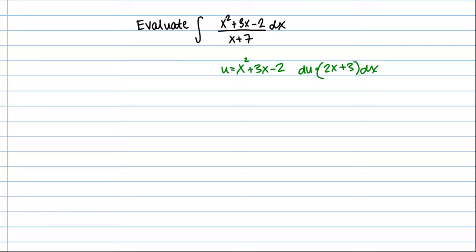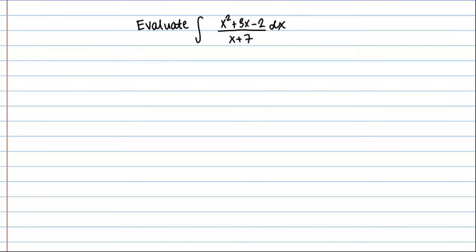But that doesn't really look promising. I have this x plus 7 in the bottom, but I never want my du to be in the denominator, so that's not going to work. And if I were to let u equal x plus 7, that wouldn't get me anywhere. So it looks like I need some other approach.